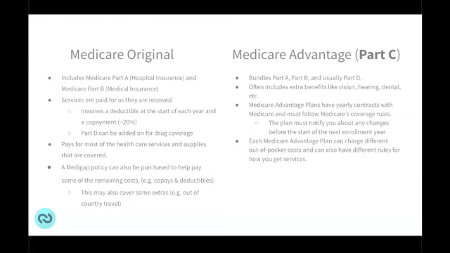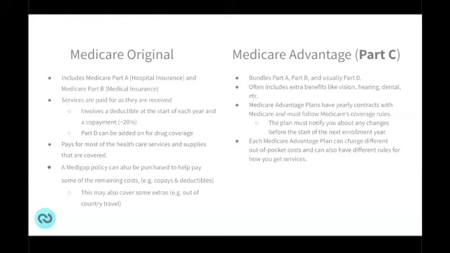So the other alternative is Medicare Advantage, and you'll probably hear a lot of Medicare Advantage advertisements on TV. You might hear it discussed just in general conversations. You might read it in articles. So Medicare Advantage, or Part C, is really a bundle of Part A and B, and often D as well.